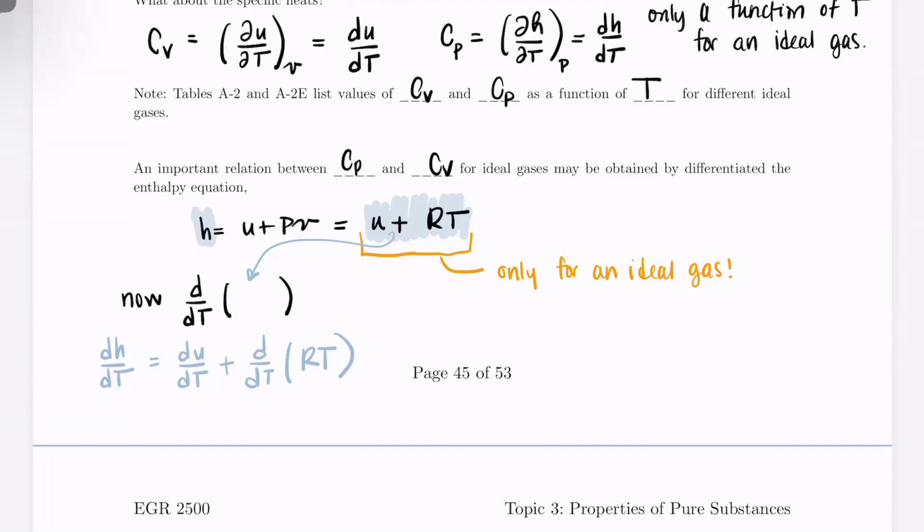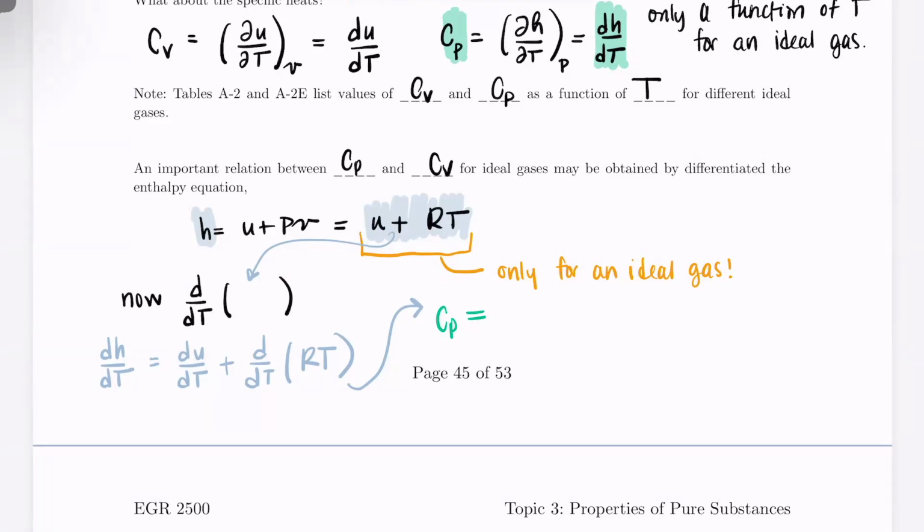All right, can anybody tell me what this expression becomes? What about the left-hand side? What is dH/dT? Yeah, it's just Cp. So we have Cp is equal to, what about du/dT?